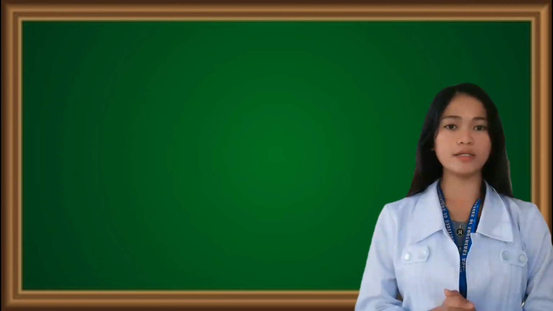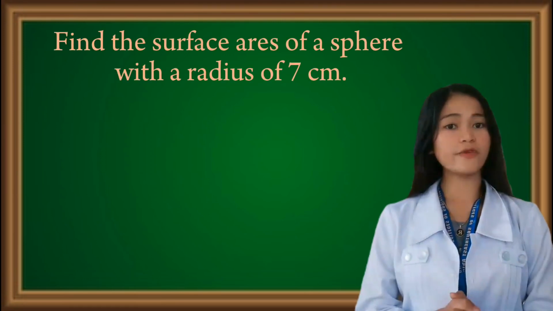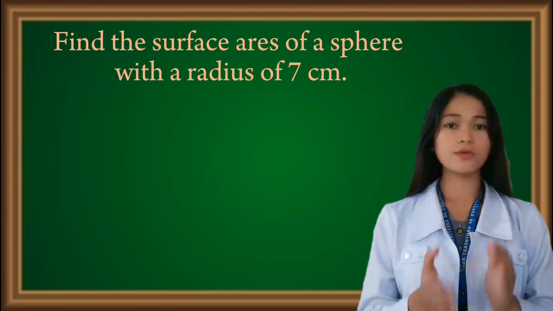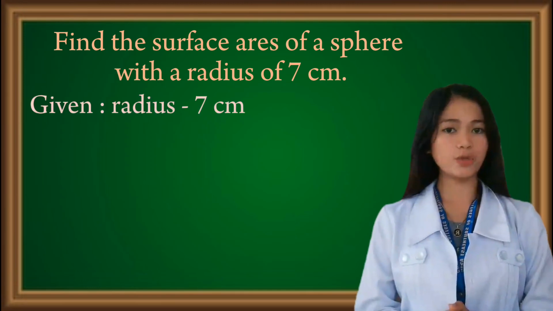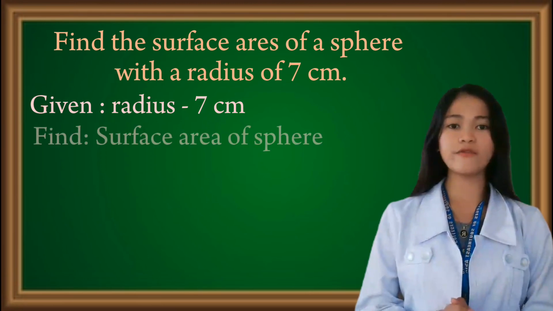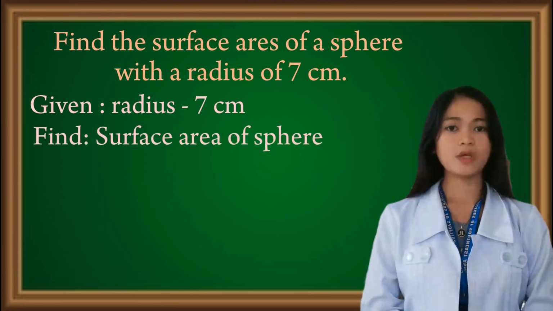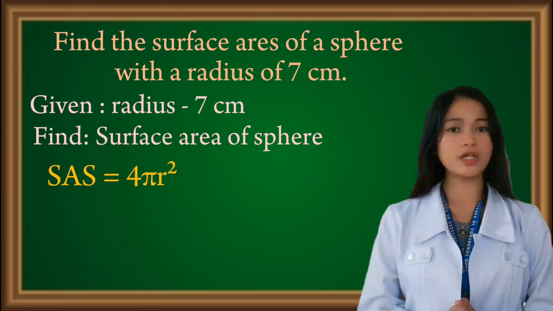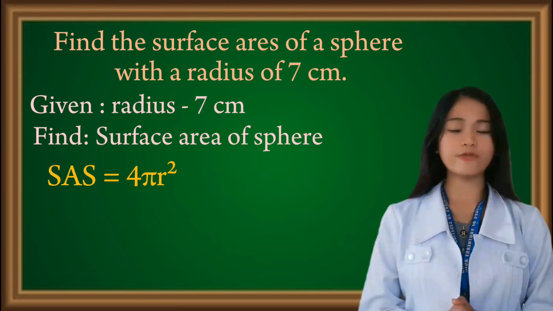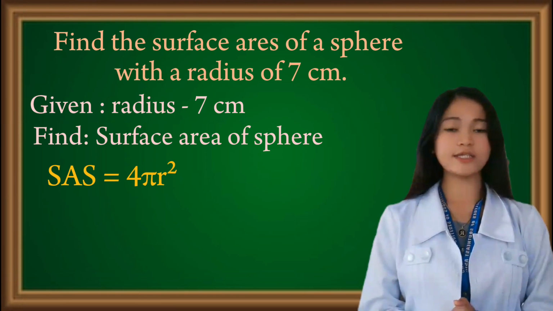Example number 1. Find the surface area of a sphere with a radius of 7 cm. Given in the example is the radius, which is 7 cm, and we will find the surface area of a sphere. Surface area of a sphere equals 4 pi r squared. We will copy the 4, and the pi is 3.14 and the r is 7.